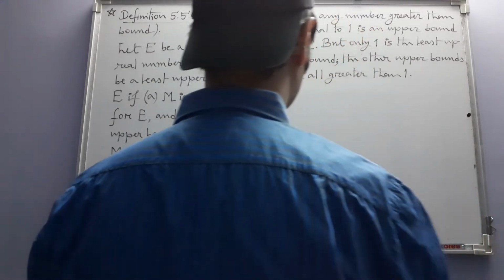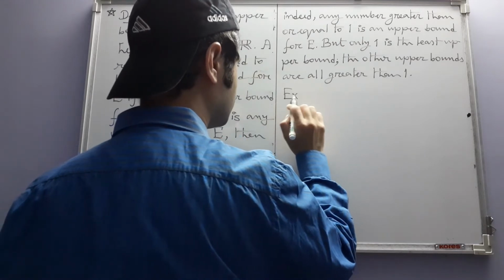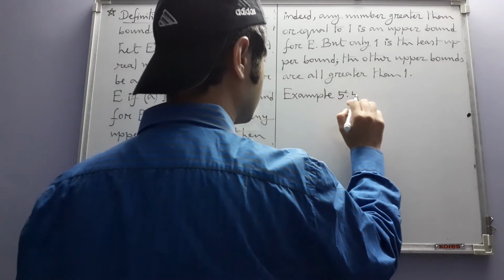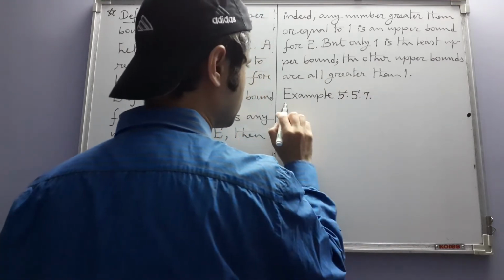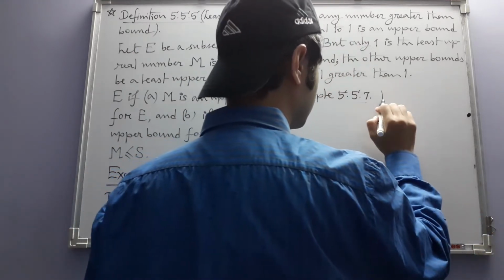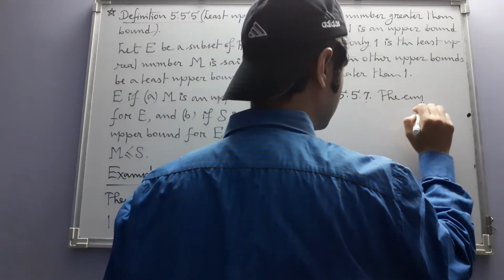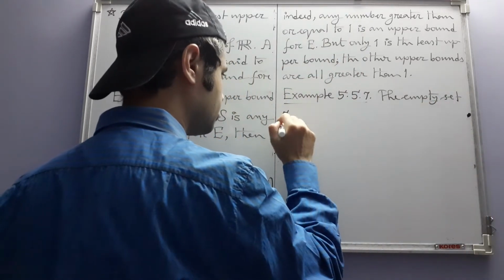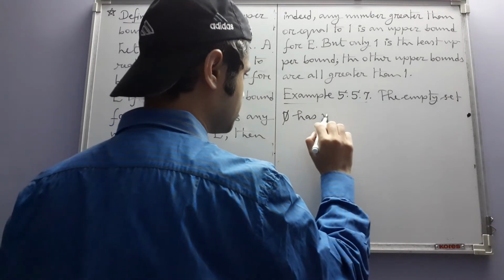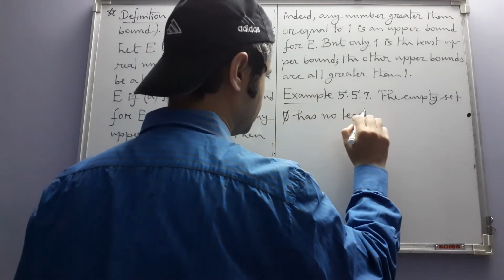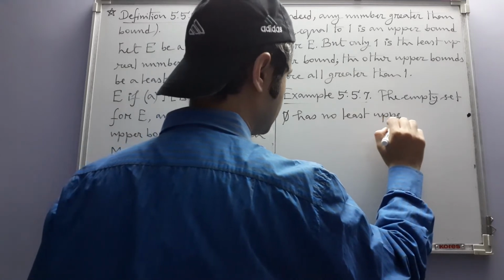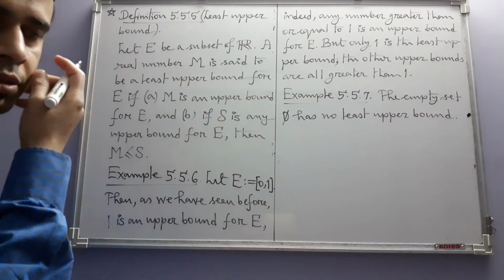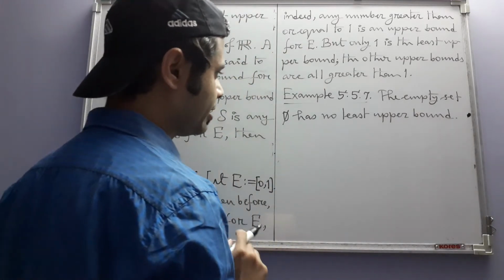Then there is one other example. The empty set has no least upper bound. Why, you ask? The argument goes like this.